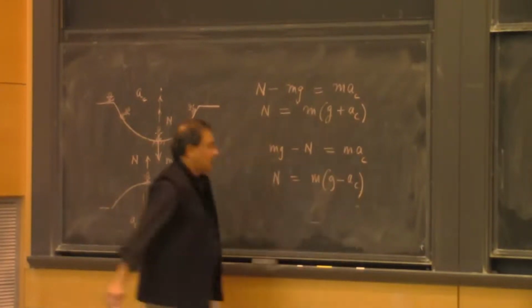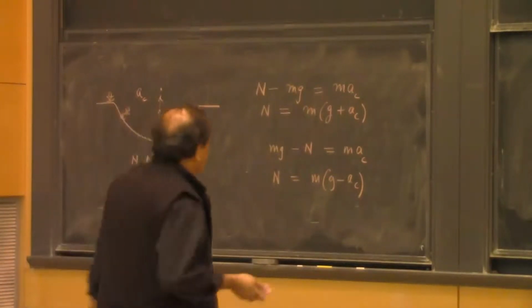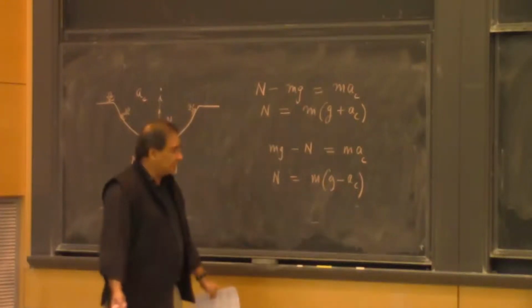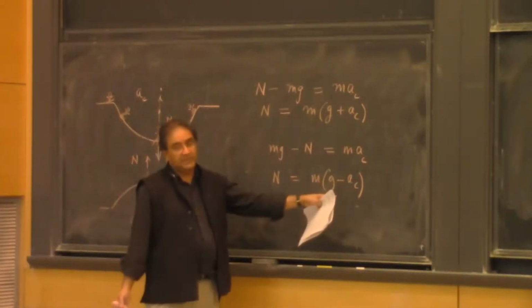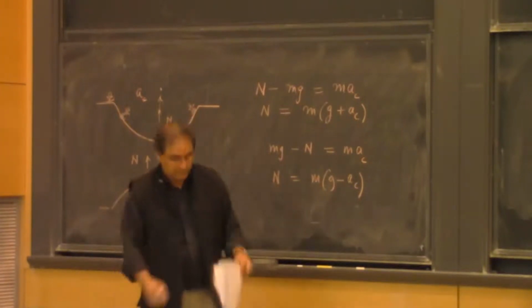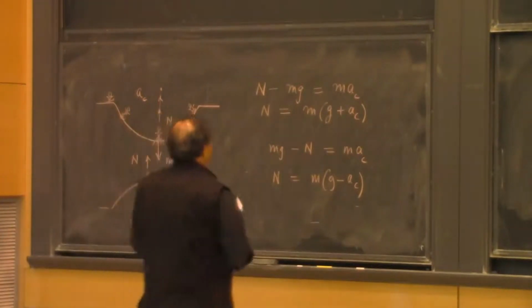So this is the reason why, again, the normal force is the effective weight you feel. So therefore, as you can see, if the weight you feel on the ground is mg, now it will be mg minus m a_c, so you'll feel lighter. So as you go over a bump, you feel lighter. I should tell you that these are highly non-trivial.